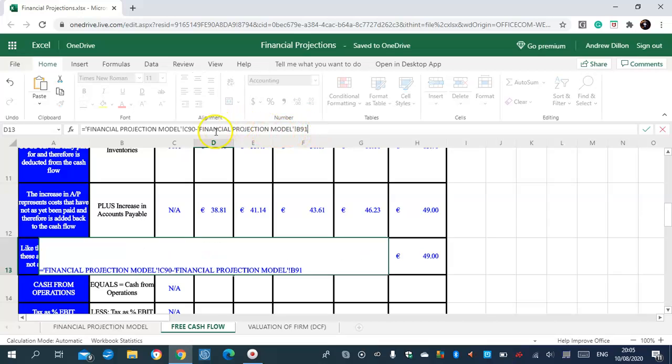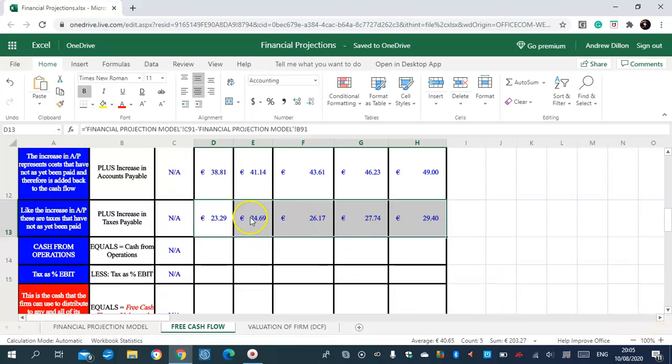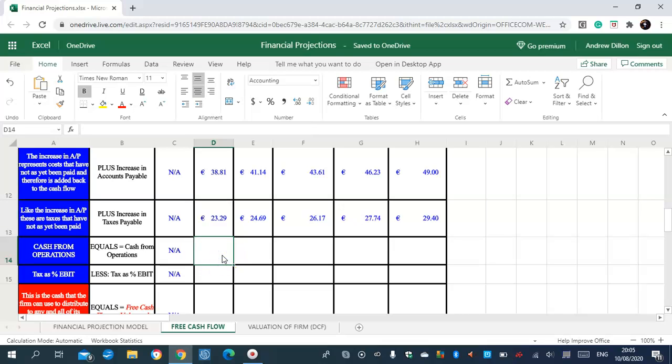Change that to 91 because that seems to be the previous one, which is accounts payable. Okay, now let's fix it. Okay, that's correct. That's the taxes payable increase. So the next one is the cash from operations. So let's solve that.